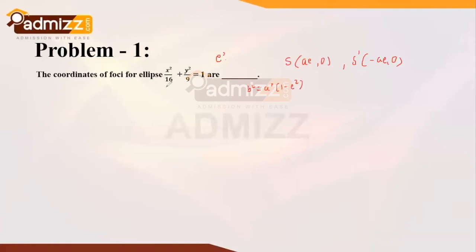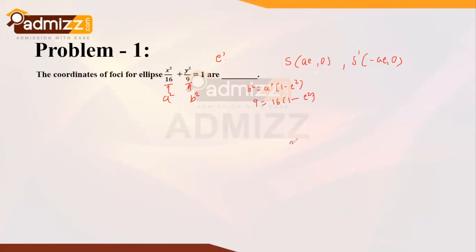Now we are having the value of b square as 9, a square as 16. Okay, so I am writing this value over here. It is b square and this is a square, and then we are undergoing the substitution of these values. So it is none other than 9 equals 16 into bracket 1 minus e square.